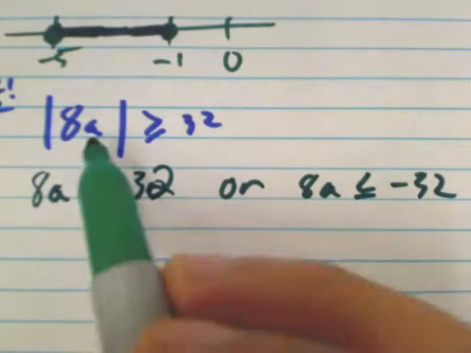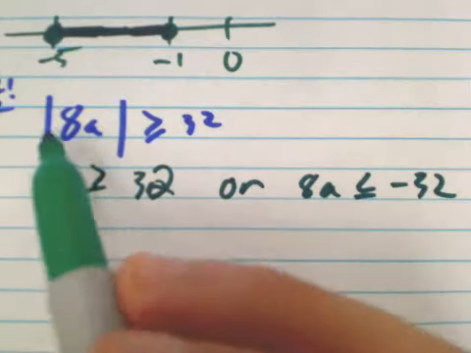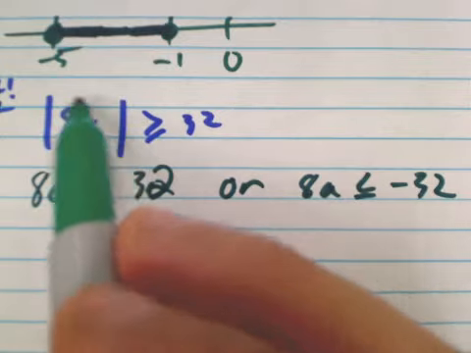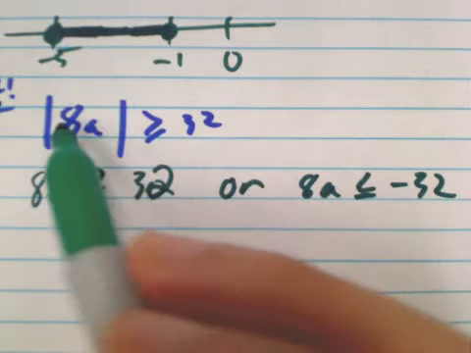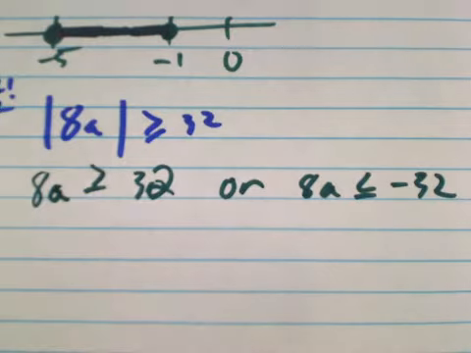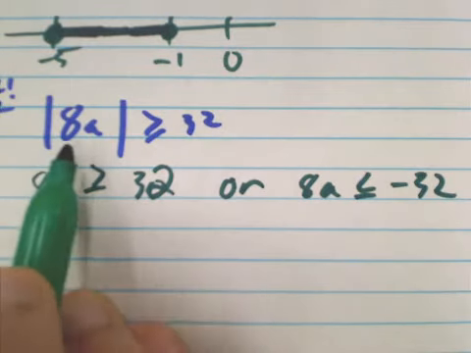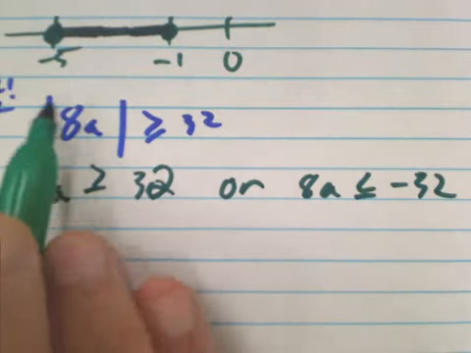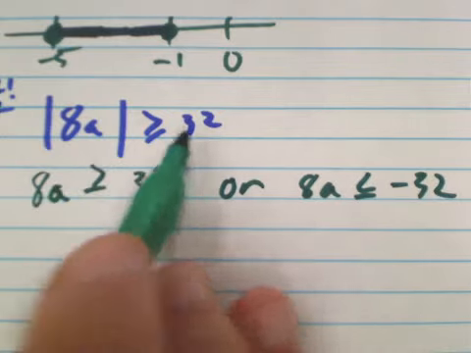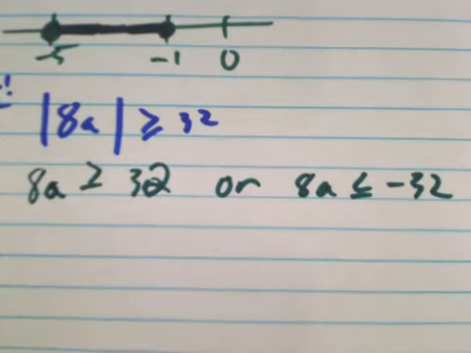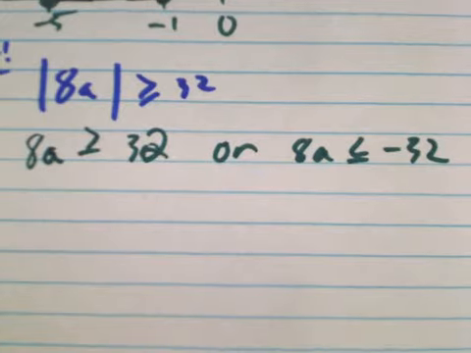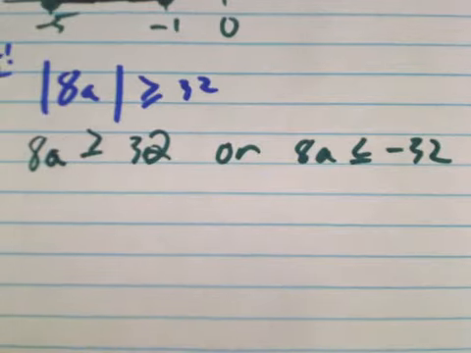Because if 8a comes out to negative 40, when you take the absolute value, it is greater than 32. So a big negative number here is okay, because I'm going to take its absolute value, and then it will be greater than 32. So when the absolute value is greater, it becomes an or inequality. Go ahead and finish that off, and graph your solution.